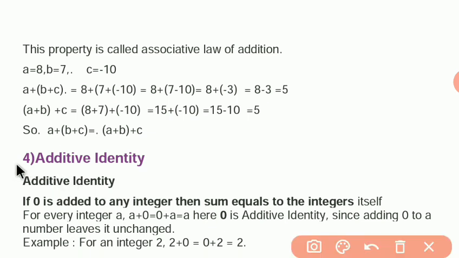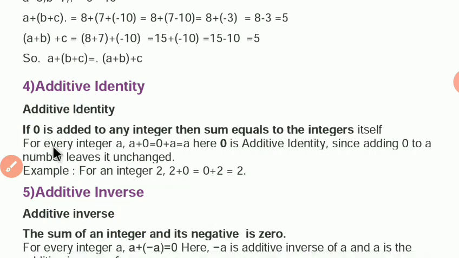Now see the fourth property, additive identity. Here identity is: if 0 is added to any integer, then the sum equals the integer itself. You can see for every integer, a plus 0 is equal to 0 plus a is equal to a.